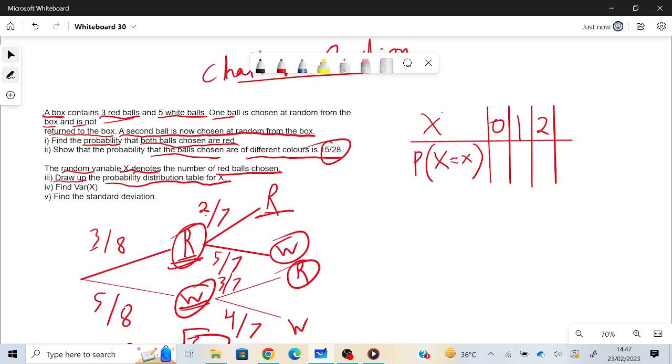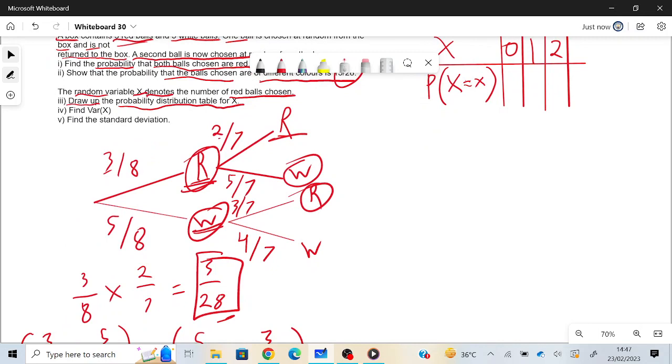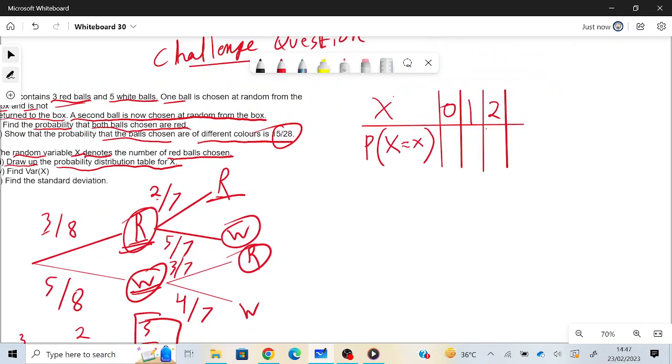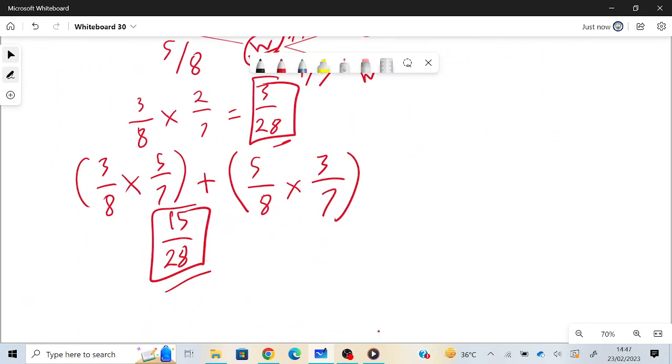And we've found the majority of them. We know that if both balls are red, we found the probability of that to be 3 over 28. If it's 1 red ball, then we found that probability as well. That's 15 over 28.